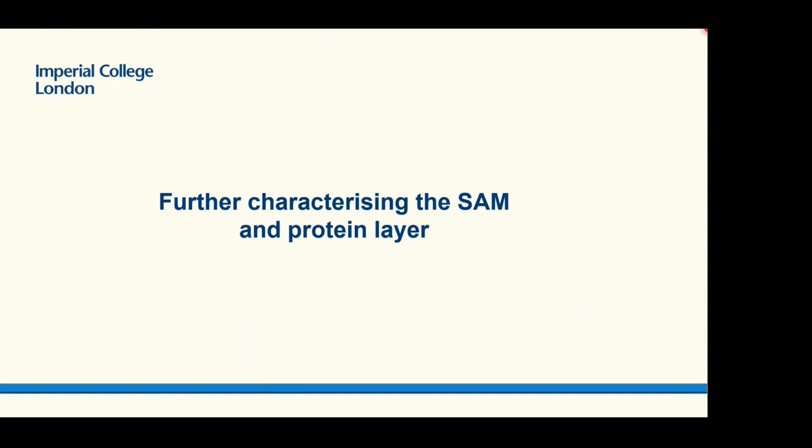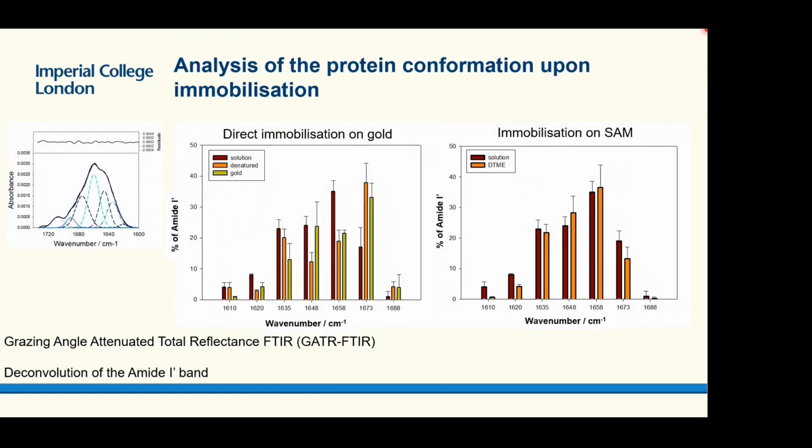Now, in terms of the characterization of the self-assembled monolayer, just checking the time, we can then study the formation of the self-assembled monolayer. Apart from using atomic force microscopy, we can use FTIR, and we can look at the formation of the self-assembled monolayer and the layer of protein on top.